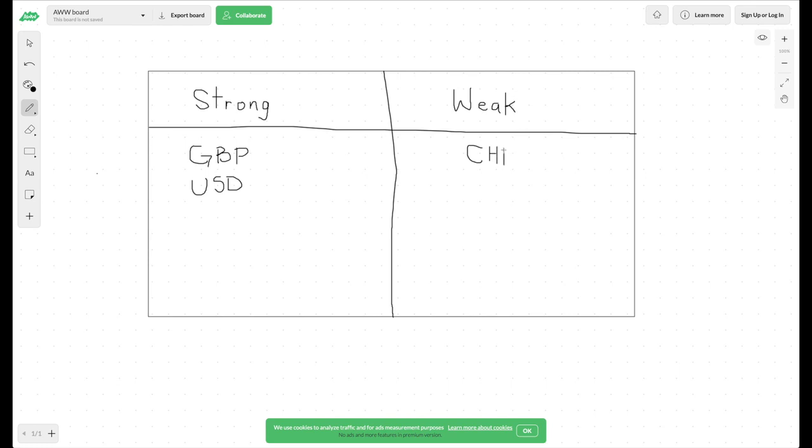Then we have CAD. Let's say CAD came out with a shocker. Remember, the shocker, the high impact stuff, is when they're expecting it to be one way, but it comes out completely the other way. So that one, I would write in the weak area, but I would underline it, make it very important to me, or make it bold and underline it.